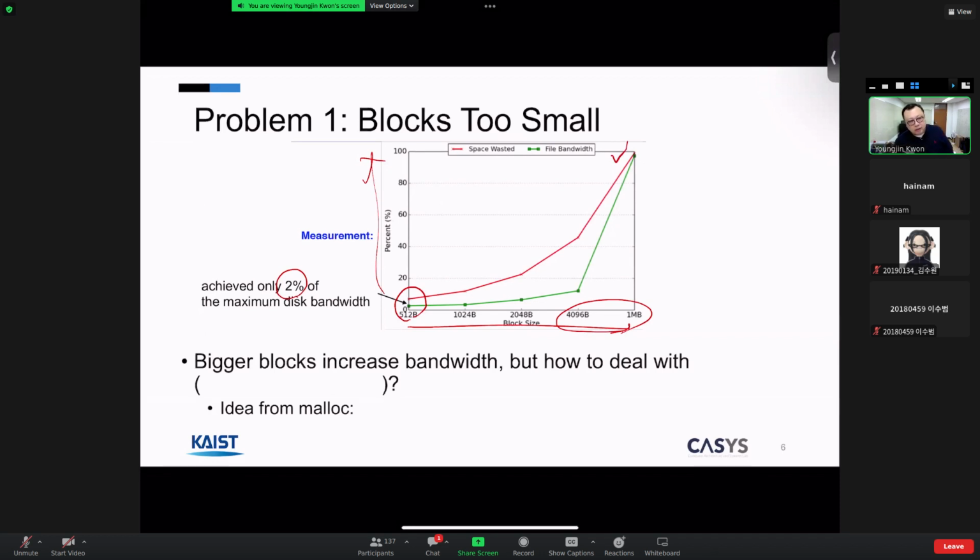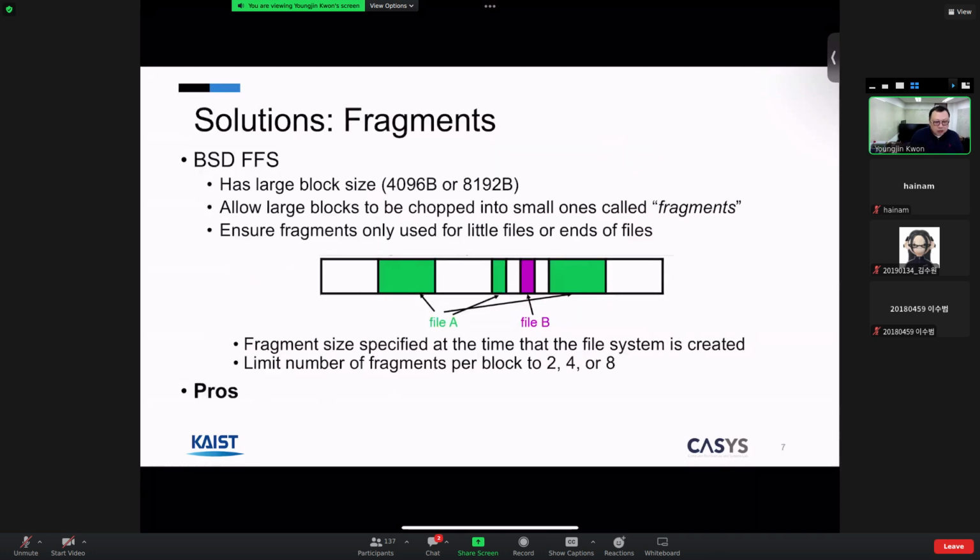But what is the downside of using large block size? If you use large block size, it causes internal fragmentation. But we have some knowledge to deal with internal fragmentation from malloc. What's that? Splitting. So instead of allocating in large blocks, it has an internal allocation unit called fragments, which is smaller than the block size.